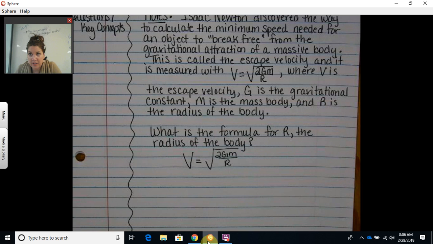It has a radical in it, so we've got a radical equation. And they want us to isolate which variable? R. They want to know the formula for R, so that means isolate the R.